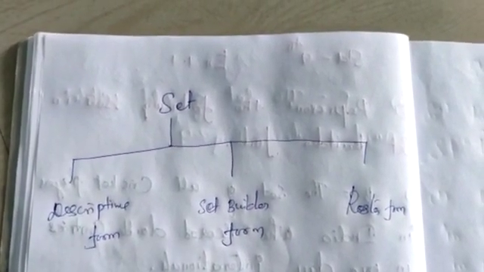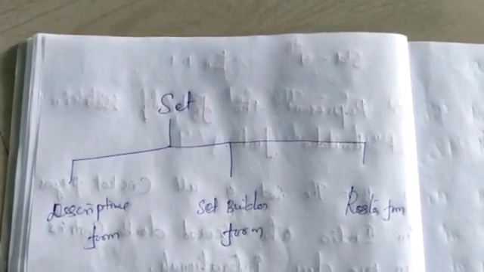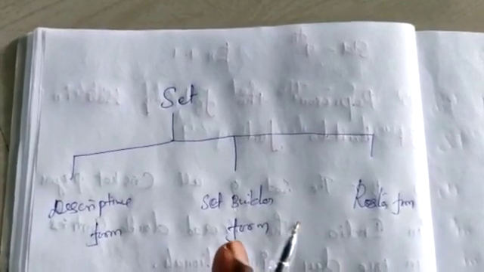Descriptive form means the question will be given like a statement. Set builder form means we are constructing the set using the flower bracket.